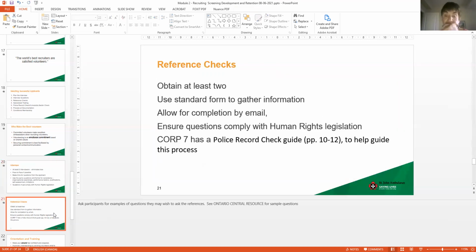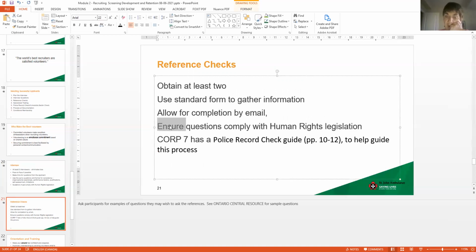You don't need a lot of verbs, eh? Now, see, obtain at least 2. Use standard form together. You allow for completion by email. Obtain at least. I would put the number 2. 2 reference checks.